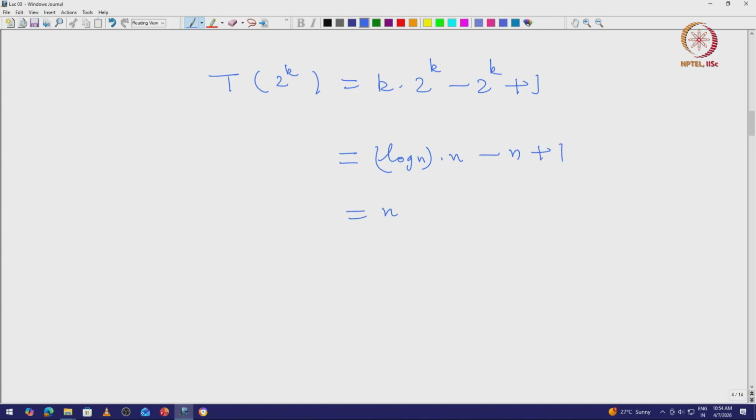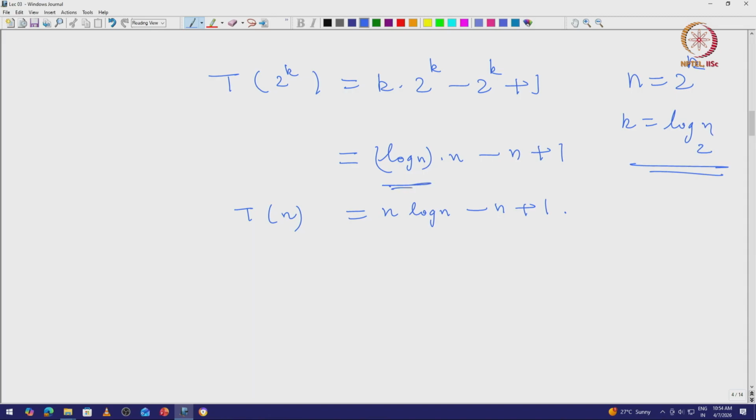That is n log n minus n plus 1. T of n, we call that n equal to 2 power k. Therefore, k equal to log n to the base 2.